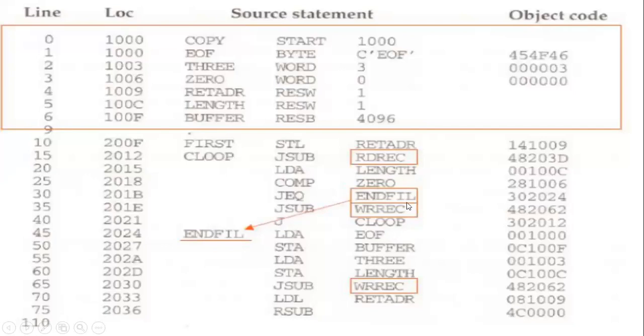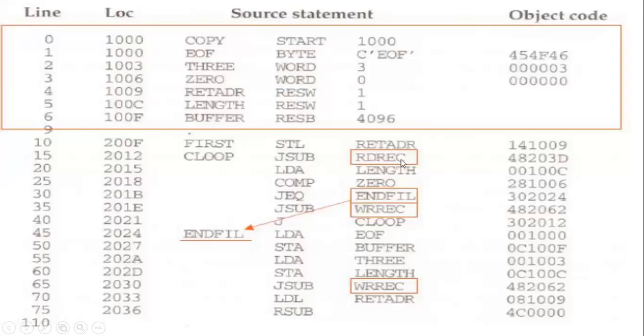But observe, end of file is a label for this particular instruction: load accumulator EOF. Observe very carefully. For end of file, the operand object code generated is 2024.